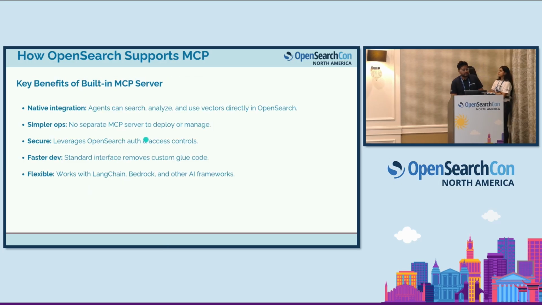Going forward, there are a lot of key benefits that you will have with the built-in MCP server in OpenSearch. You have the native integration, so you can use vector search directly in OpenSearch. A basic example: let's say you have a Python application and you are passing all of your logs to OpenSearch.